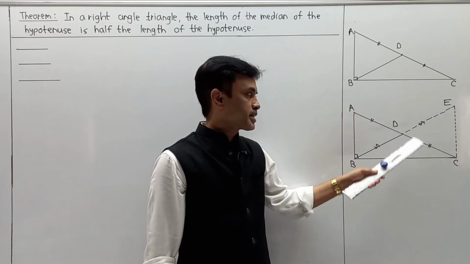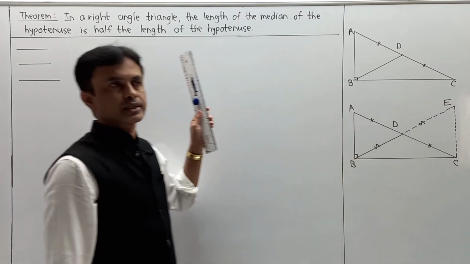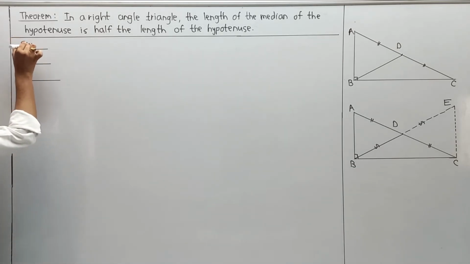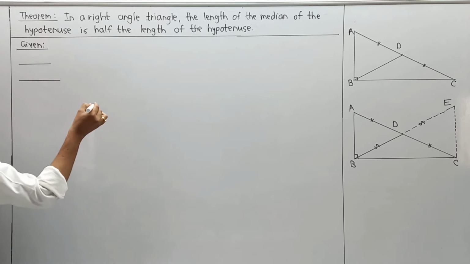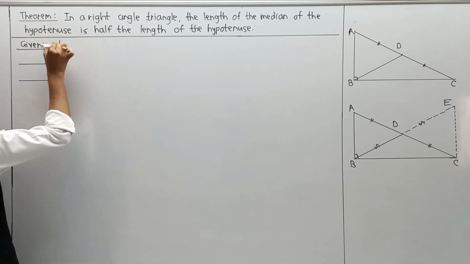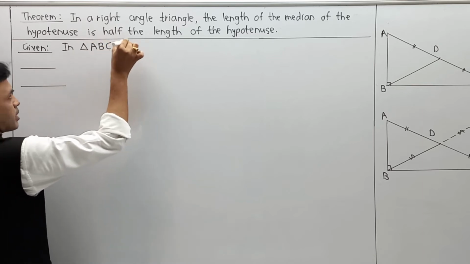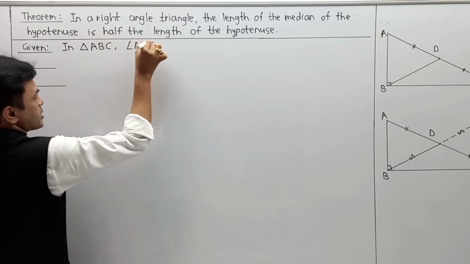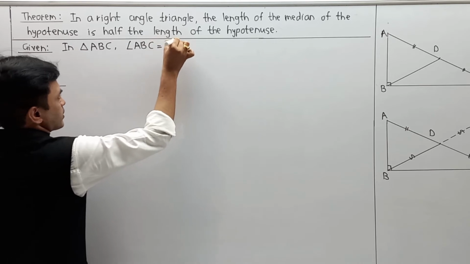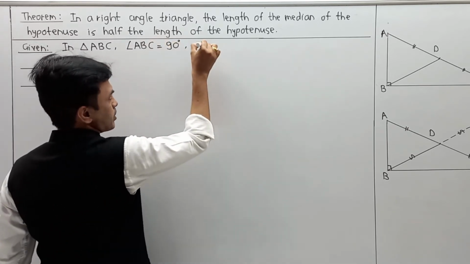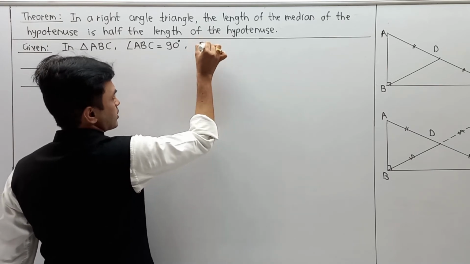Now as described over here, we are going to write all the parts. So first of all, given. Given in triangle ABC, angle ABC is equal to 90 degrees. Means angle B is 90 degrees, and BD is a median.